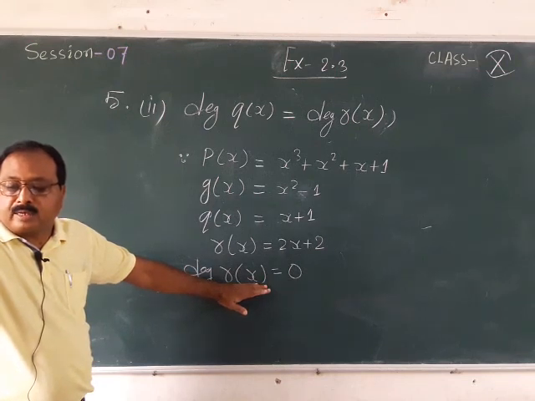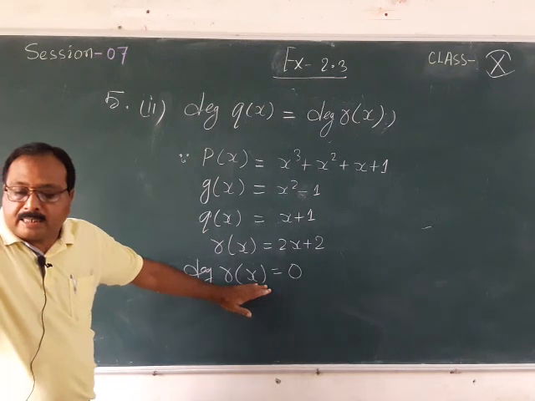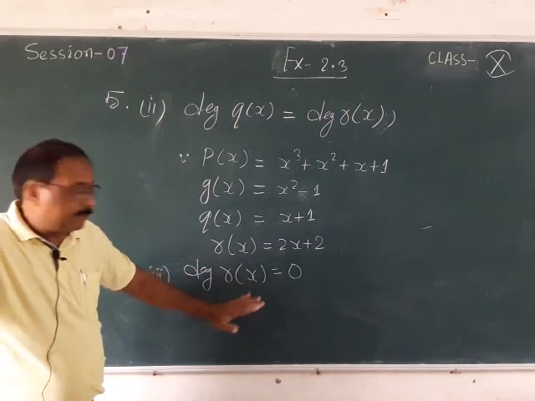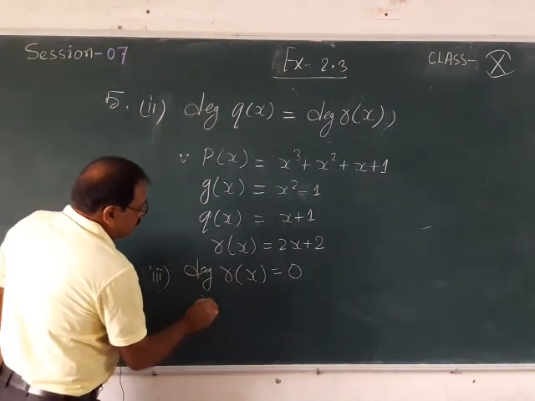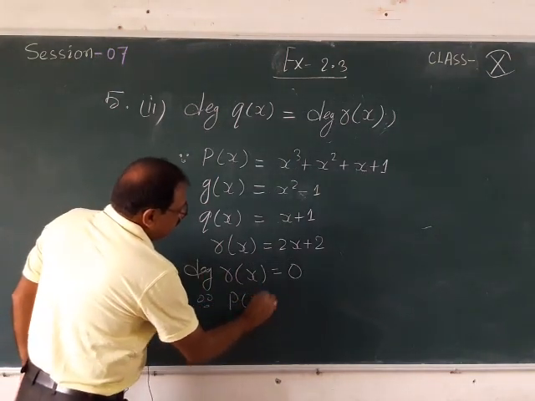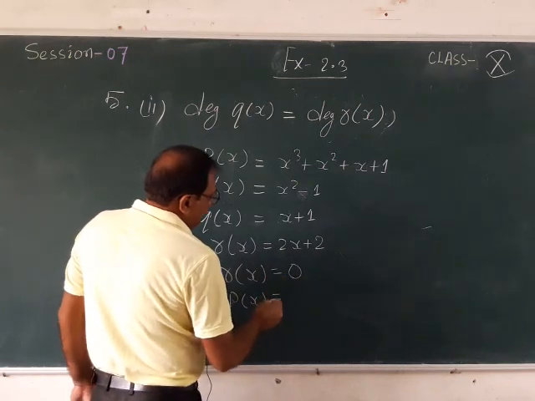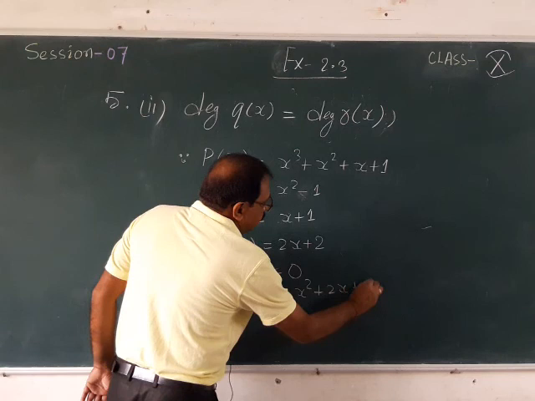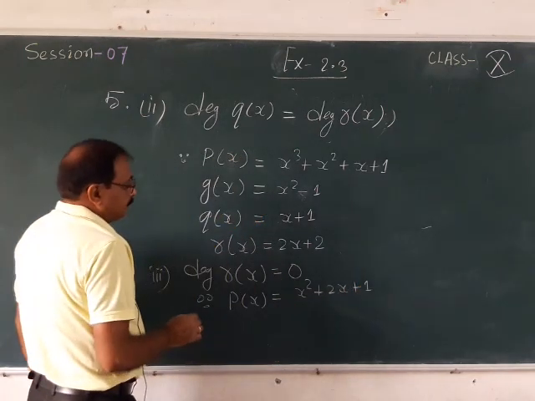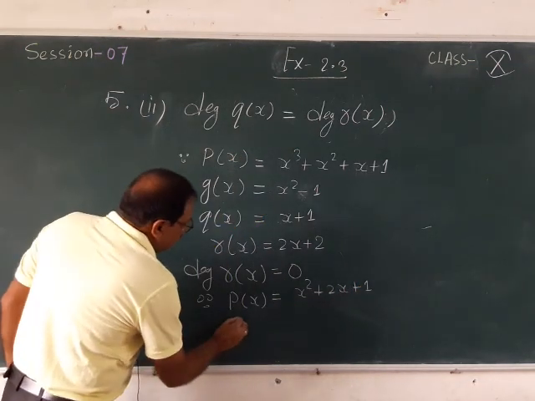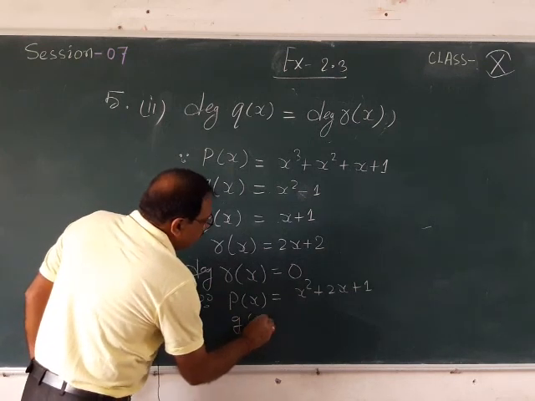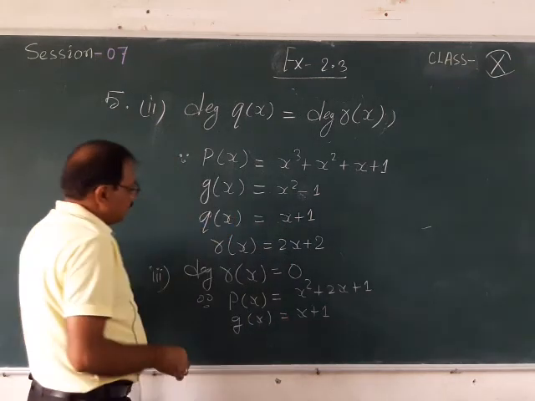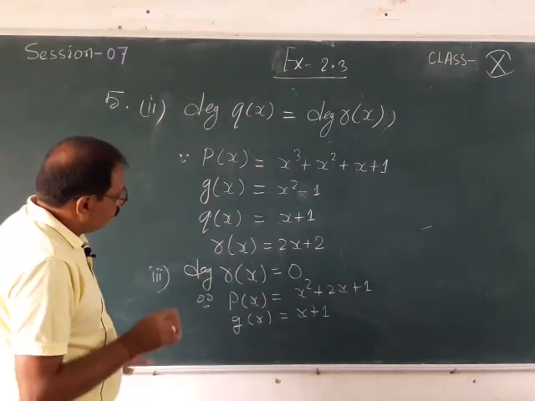Okay, so you can settle on one example here. Suppose Px I am taking x square plus 2x plus 1, and Gx I am taking x plus 1.